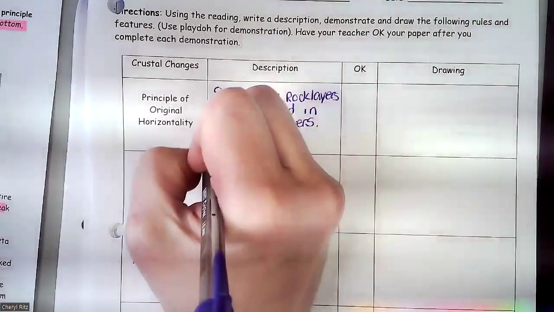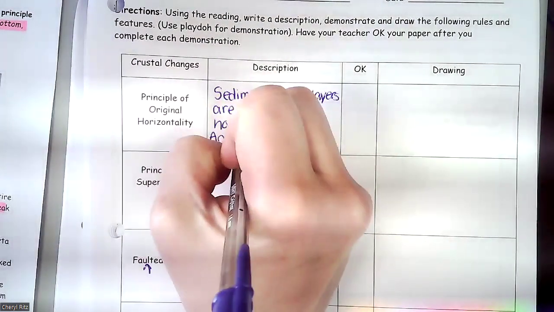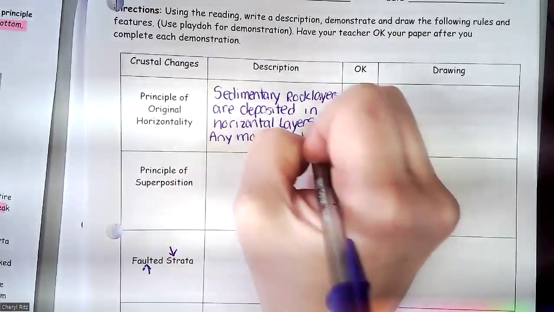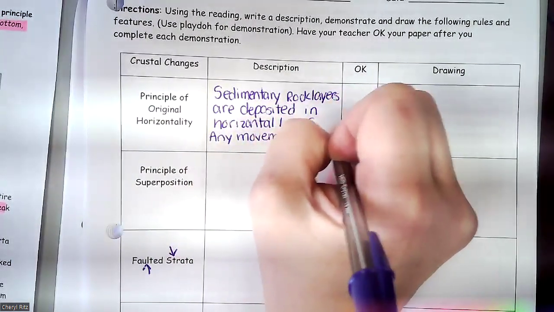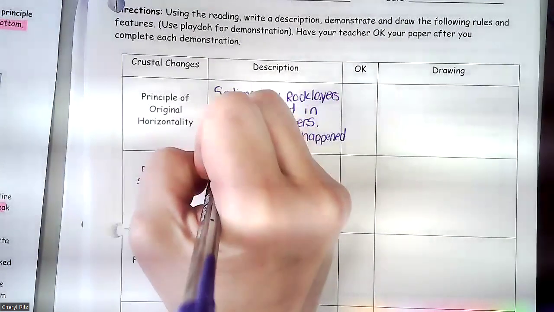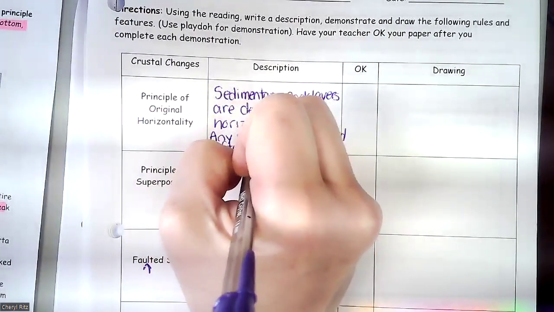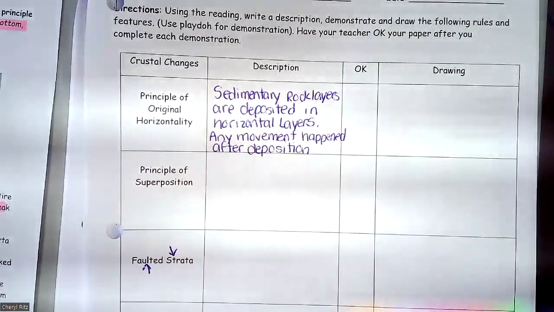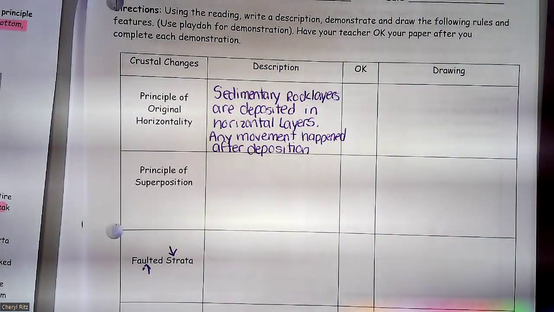So I'm just going to sum that up and say any movement happened after deposition. So sedimentary rock layers are deposited in horizontal layers. Any movement happened after.